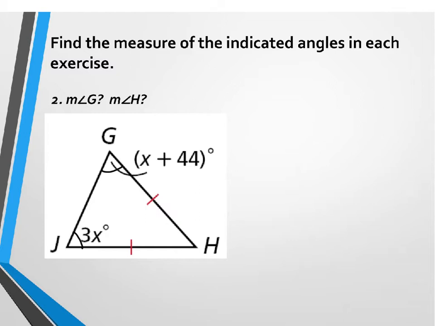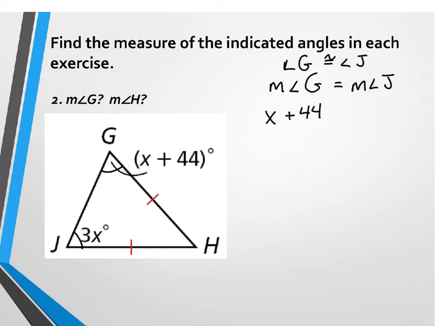We should know that the measurement of angle G is equal to the measurement of angle J, because angle G is congruent to angle J. So let's replace the measurement of angle G with x plus 44 and the measurement of angle J with 3x. Now solve your equation to figure out what x is equal to. Then we're going to plug it back in to find what G is.